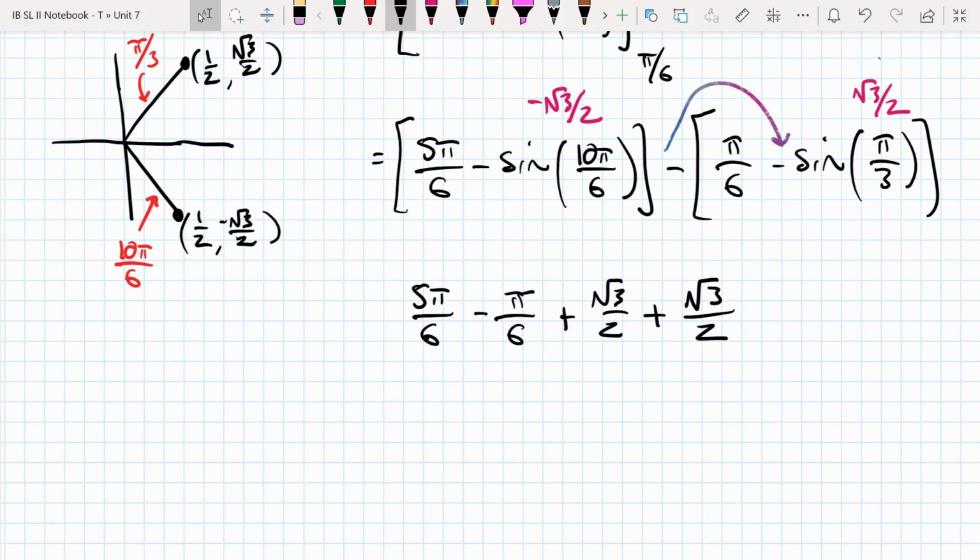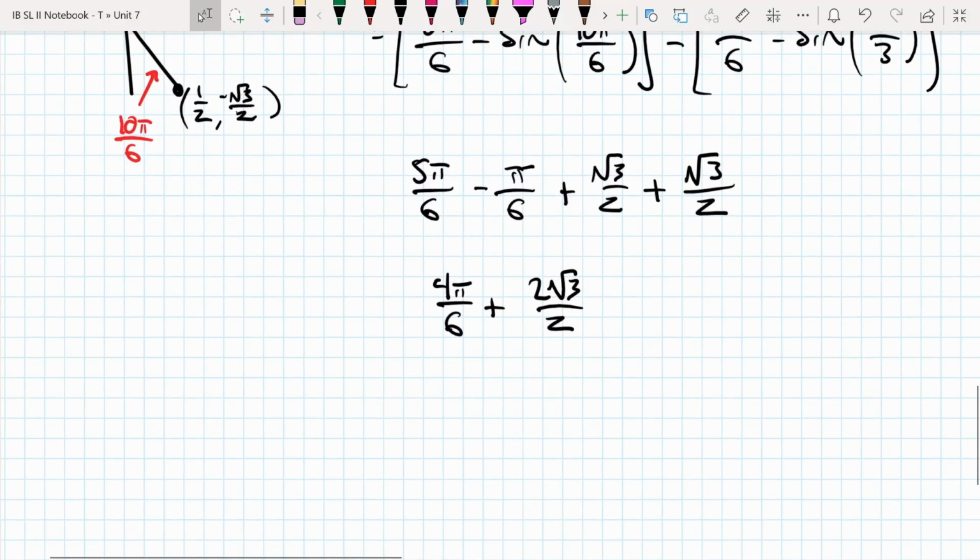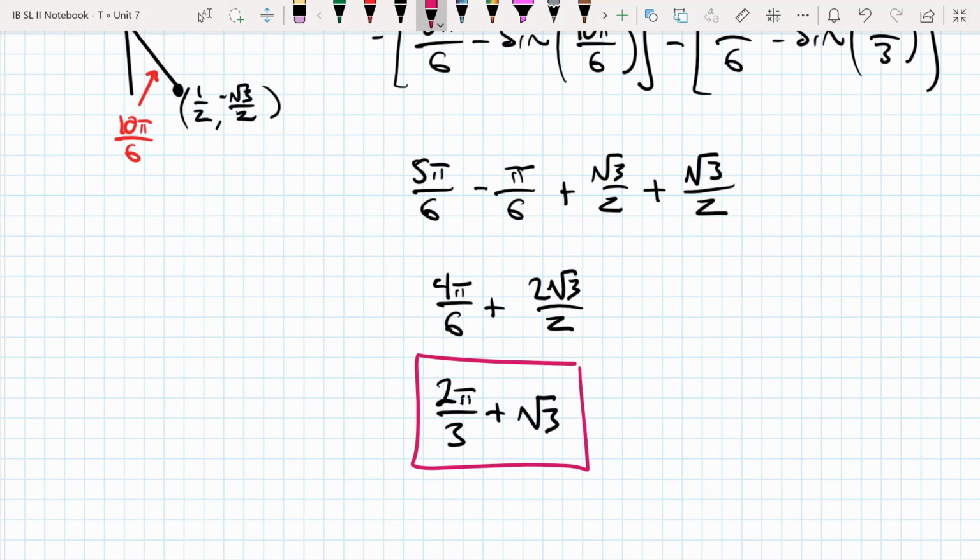Now let's simplify this. We get 5 pi over 6 minus pi over 6, that's 4 pi over 6, plus we have 2 root 3 over 2's, and so the final answer is 2 pi over 3 plus the square root of 3. Okay, let's leave it like that.